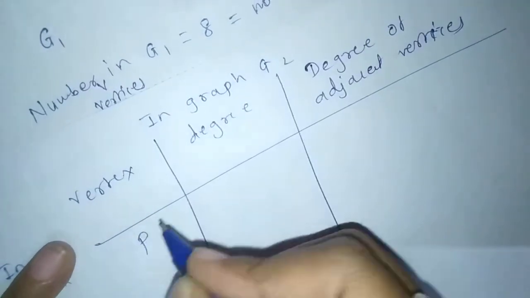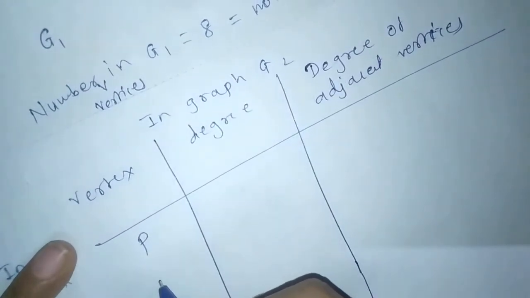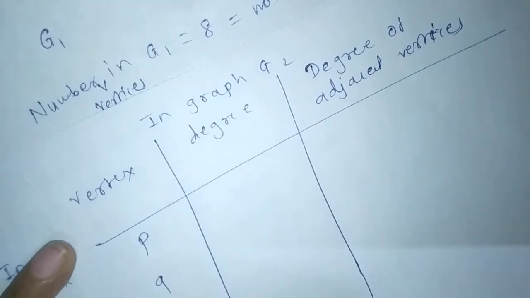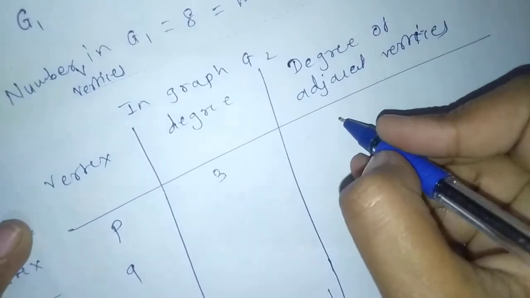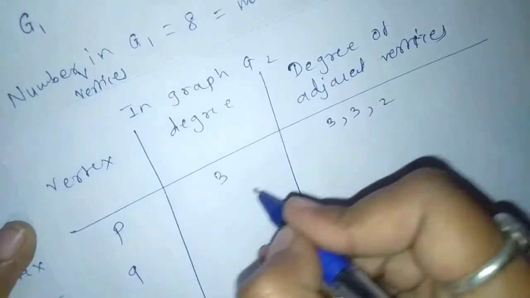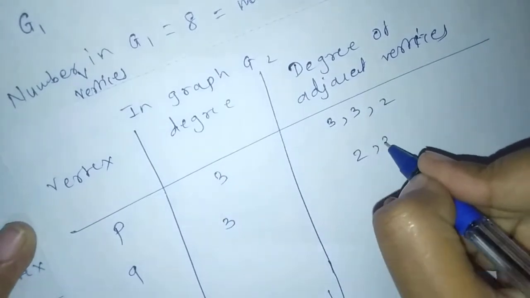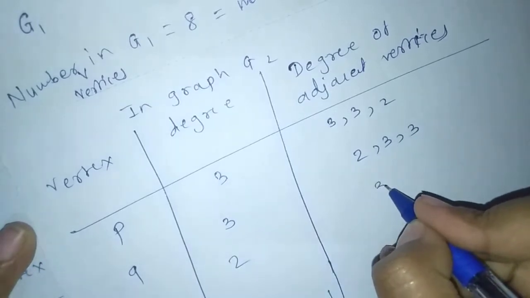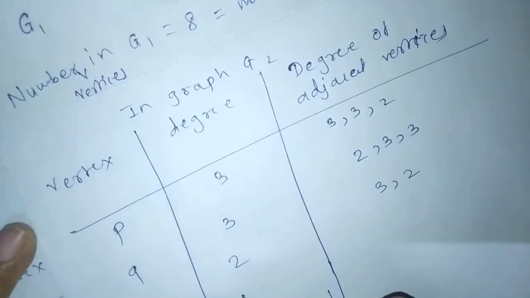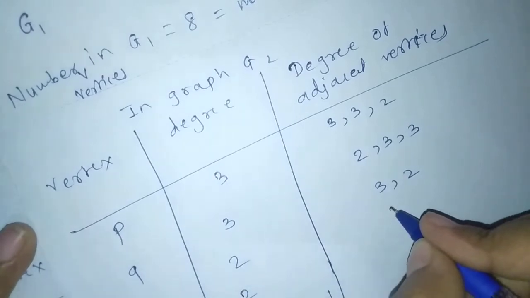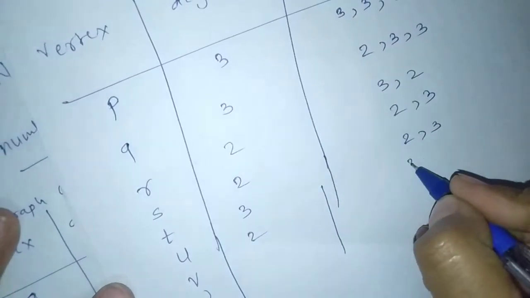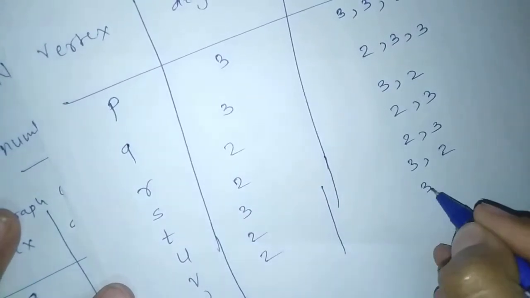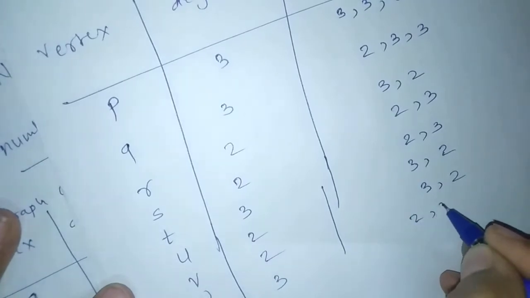I write down directly: vertices in graph G2 are P, Q, R, S, T, U, V, W. Degree of P is 3. Degree of adjacent vertices of P are 3, 3, 2. Degree of Q is 3.